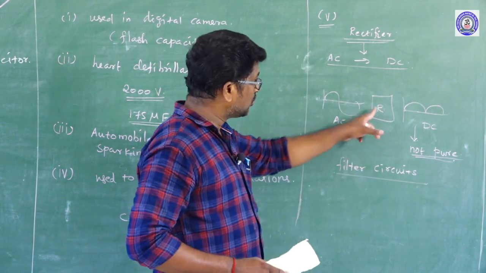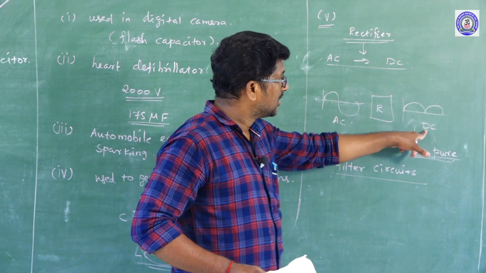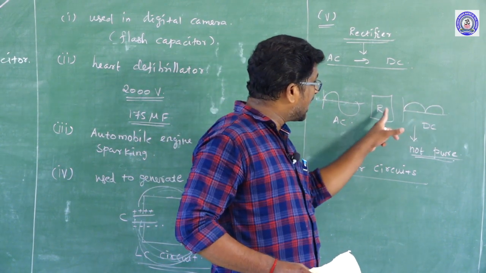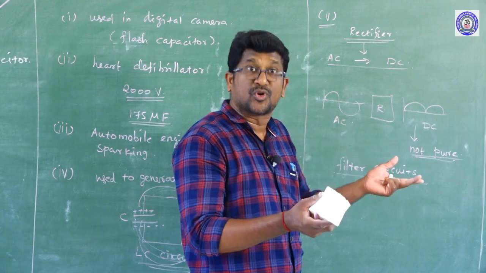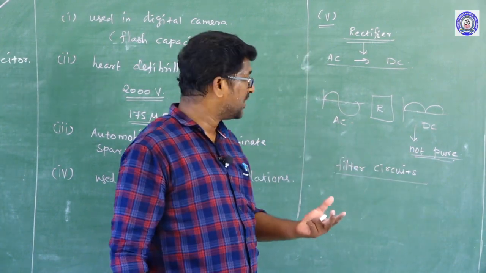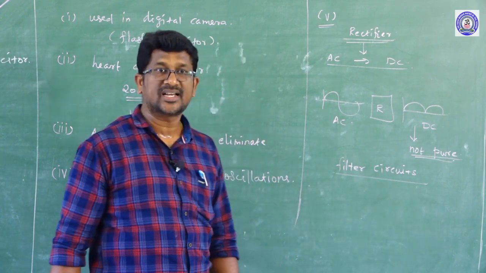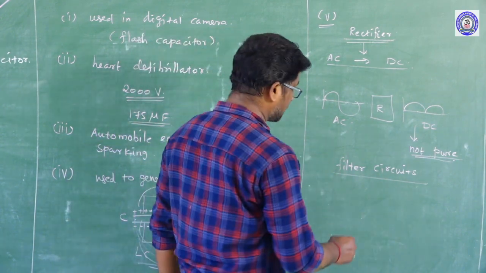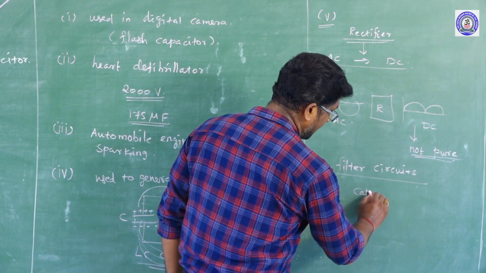The rectifier circuit converts AC to DC, but the output voltage obtained from the rectifier is not in pure DC form. To get pure DC voltage, filter circuits are used. One of the filter circuits is the capacitor filter.